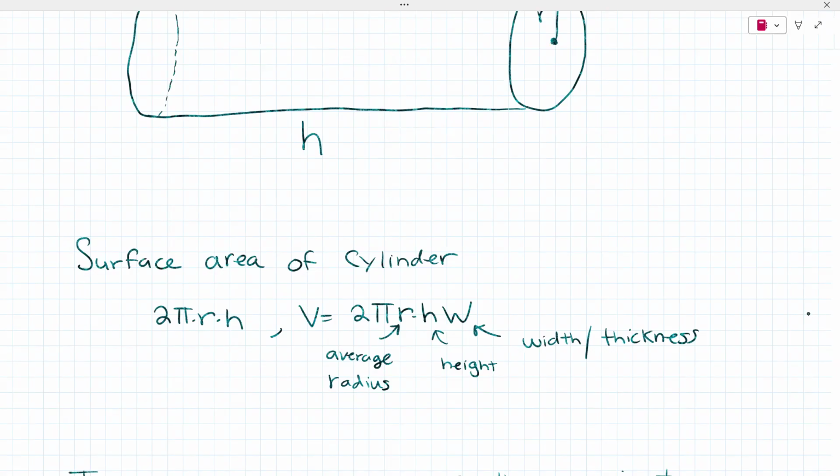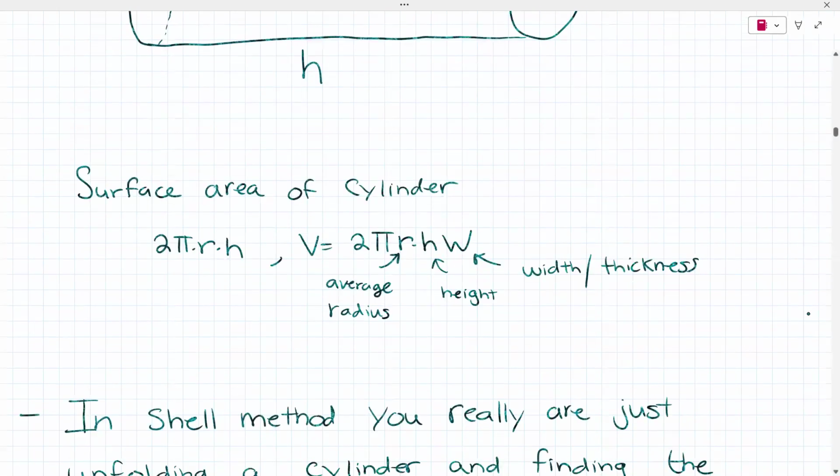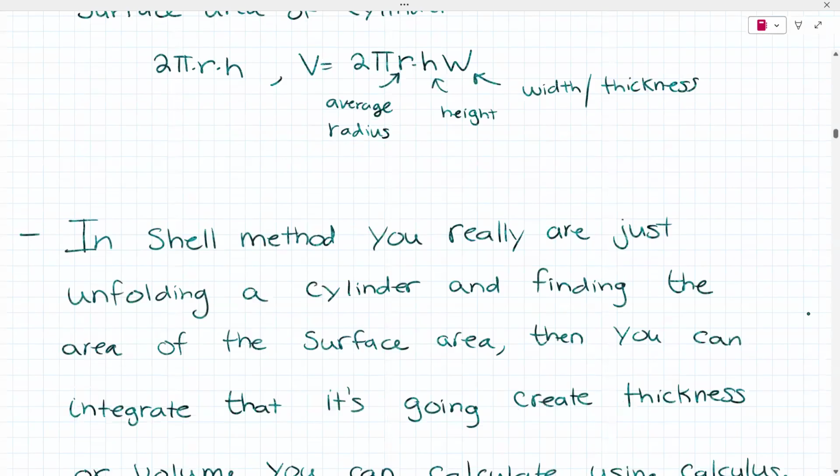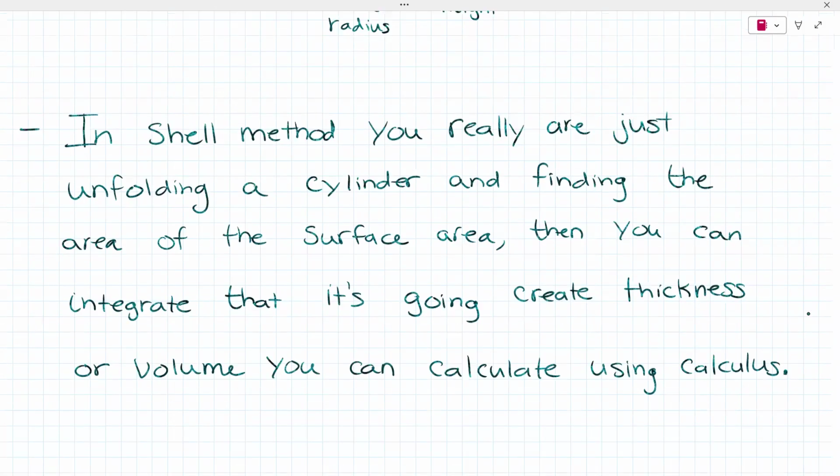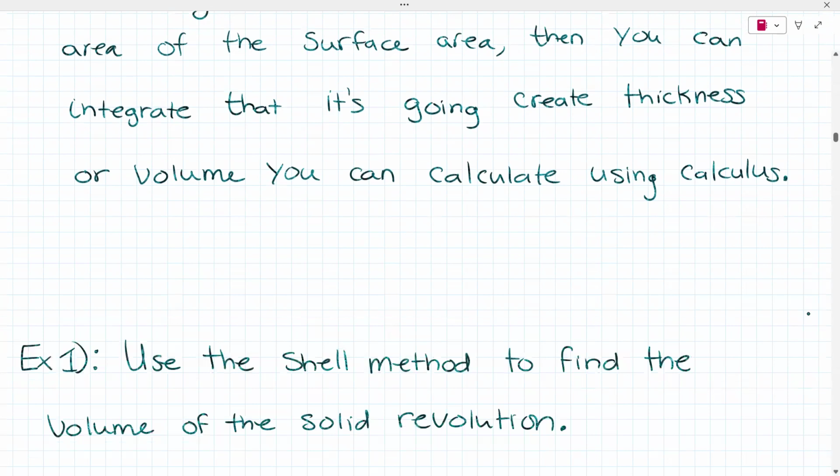So this small r is the average radius, this is your h, and w is the width slash thickness. So in the shell method, you're really just unfolding a cylinder and finding its surface area. Then you can integrate that to create thickness, or volume. Then you can calculate using calculus.